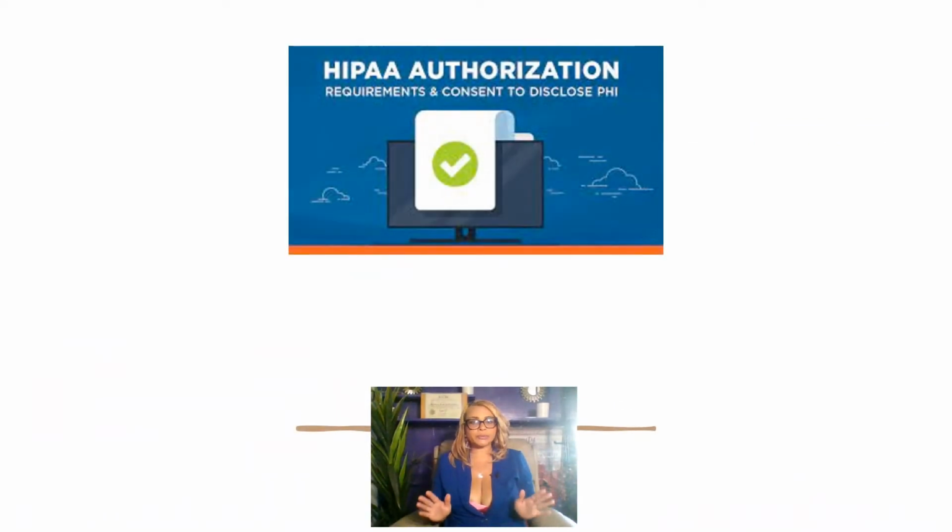The provision for the consent requirements: an SUD patient may consent to disclosure of the patient's Part 2 treatment records to an entity, for example the Social Security Administration, without naming a specific person as the recipient for the disclosure.